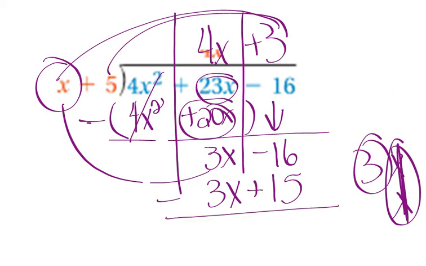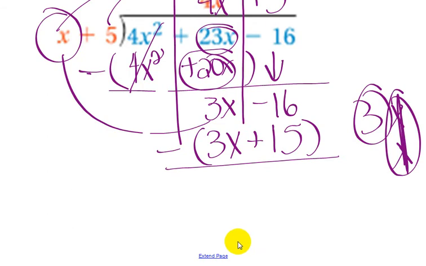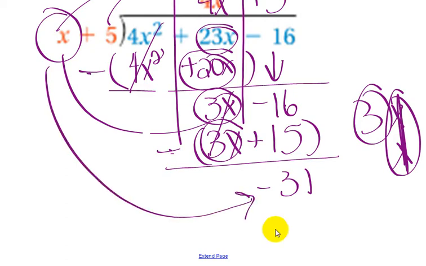Now subtract. And notice that I put parentheses around the whole binomial there because you're subtracting all of this. 3x minus 3x goes to 0. And then negative 16 minus 15 is negative 31. And there's nothing else. X does not go into that at all. It doesn't have an x there.